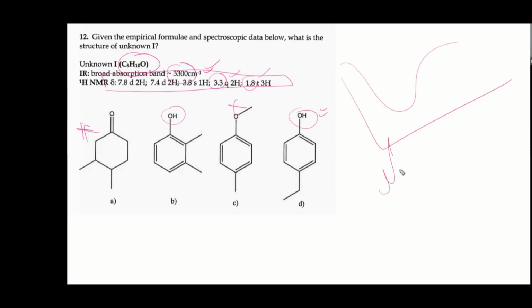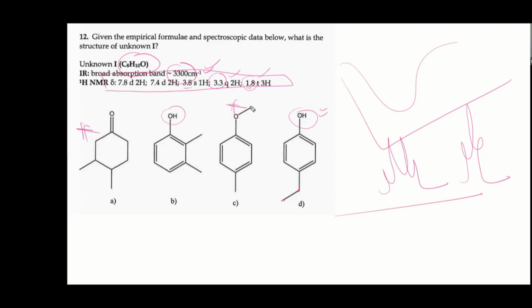A quartet at a low field region and a triplet at a high field region means you have an ethyl group, with the methyl group giving the triplet and quartet.